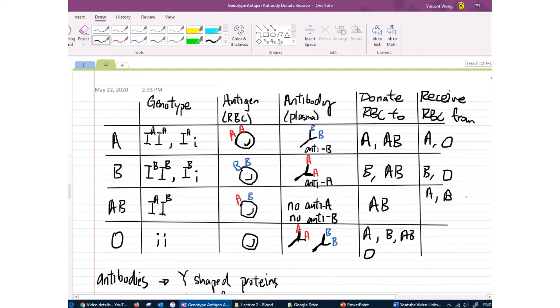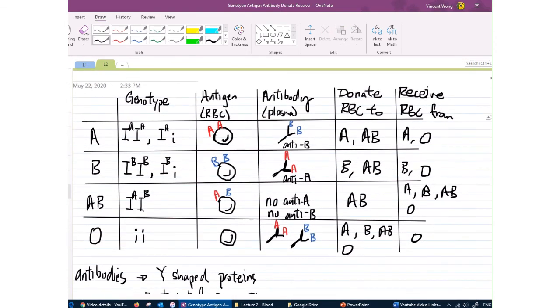You can receive from all the other blood groups. And over here, if you're type O, you can only be receiving from other type O's. So this is kind of an important chart to study and to understand. Don't just memorize it. Try to understand the logic behind it, and it would help you out on the test.